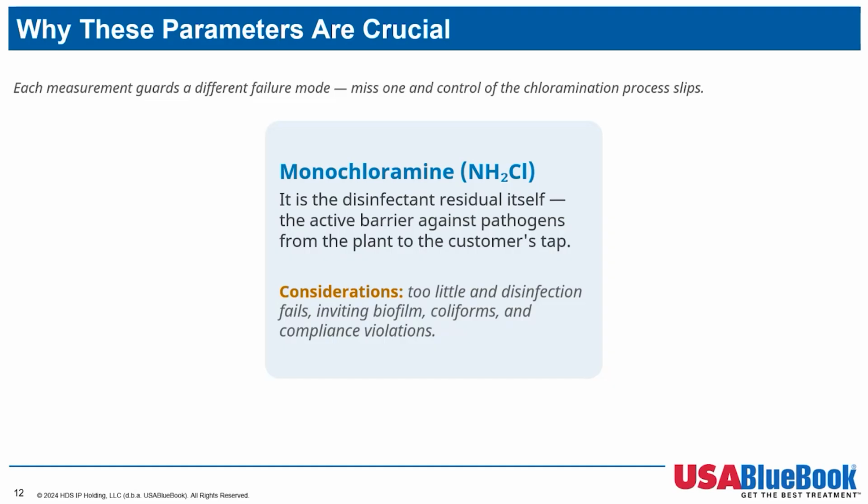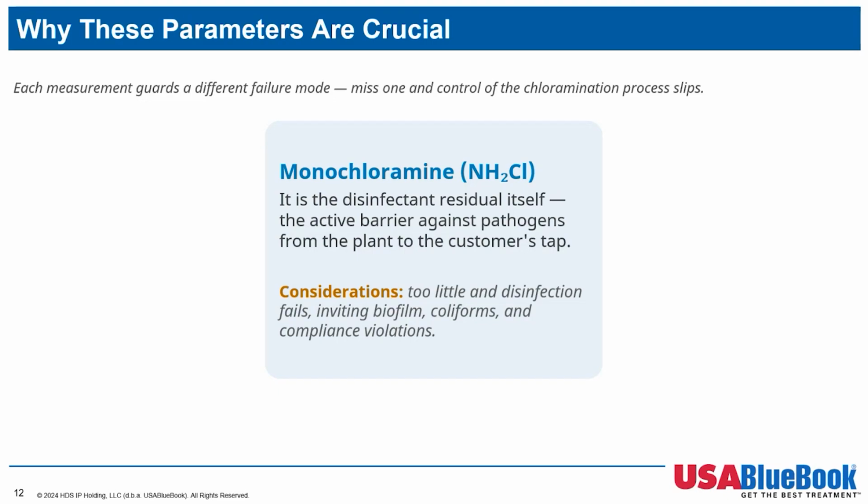And we want to frame these as early warning signs, not as a checklist of tests to run. Monochloramine first, because it isn't an indicator, it is the disinfectant. It's the barrier itself all the way to somebody's tap. Too little, and you're not measuring a process problem, you're measuring the absence of protection.